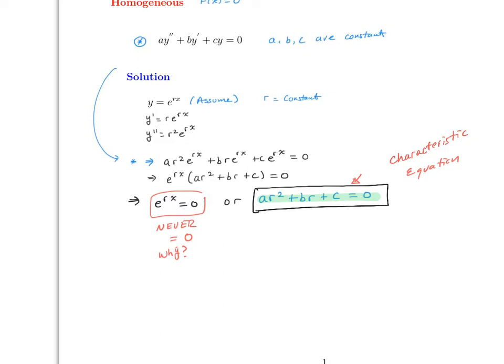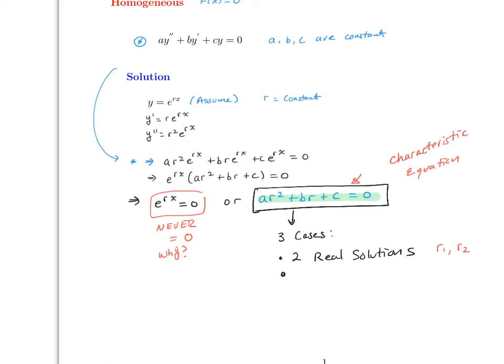Now remember that from here, and this is from, again, basic algebra, actually from the quadratic equation, there are three cases. The first case is you can have two real solutions to this. If you look at the quadratic equation, and the two real solutions, for lack of a better name, we will just call R1 and R2.